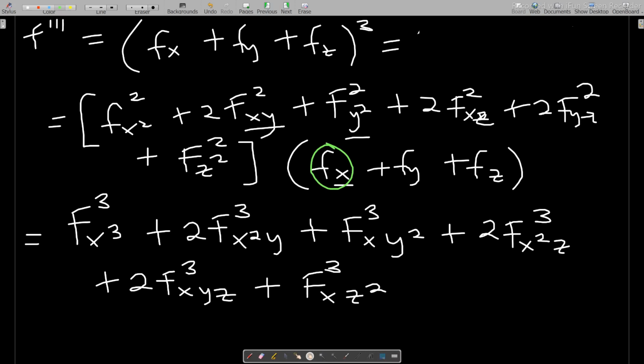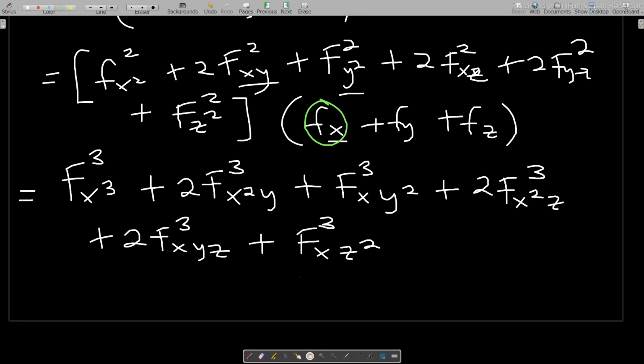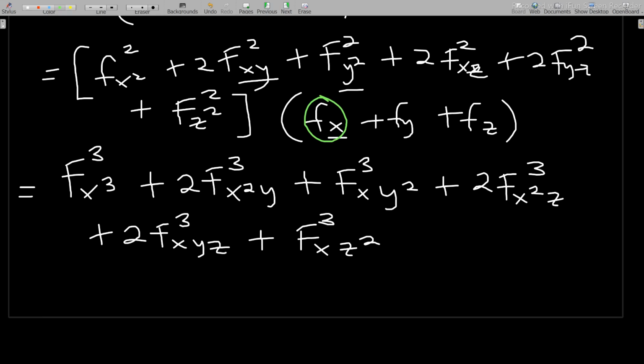Let's go to the fy and see. We are continuing. Actually I have it here, so I will just copy it for you. Plus, then the next one is fx squared fy, cube, because y times this. Plus, like I said, if you know how to use the binomial coefficient, these wouldn't be a difficult expansion for you.